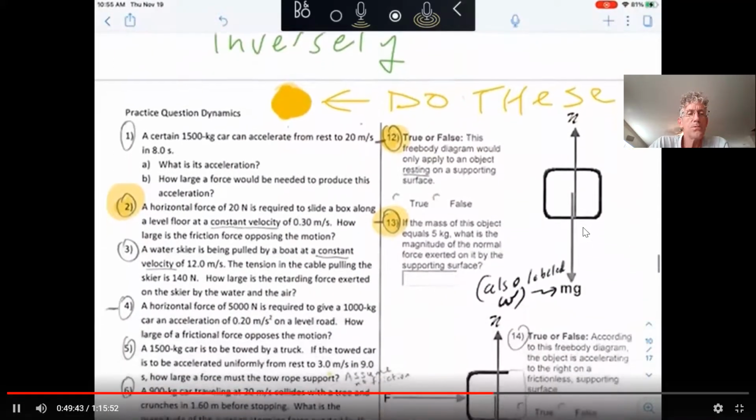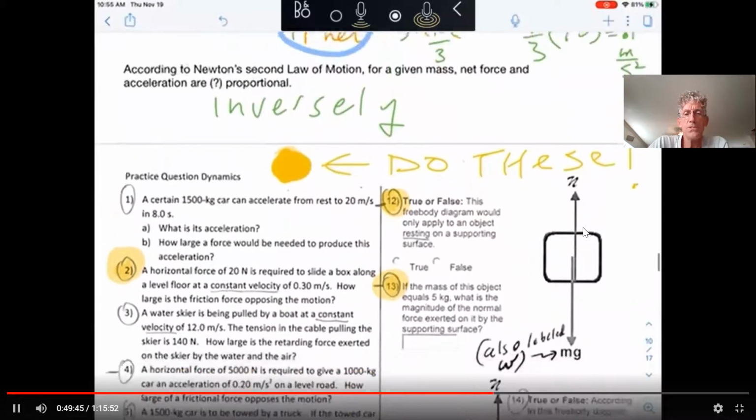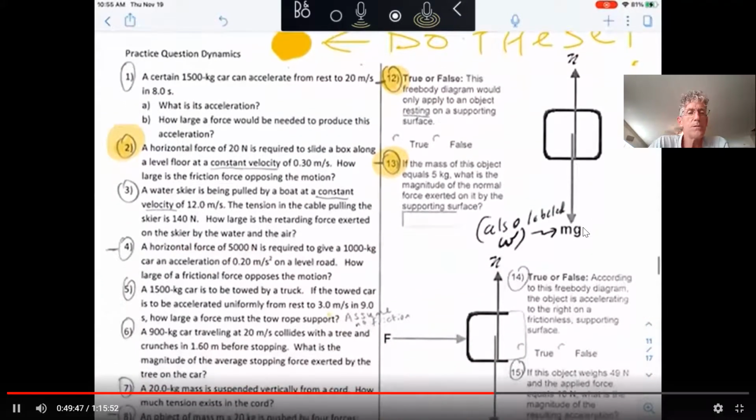Okay, these problems, I just picked some that would be good reviews. There's a bunch of these that you can do, but we've done similar ones anyway. So I'm going to draw an object moving at constant velocity.